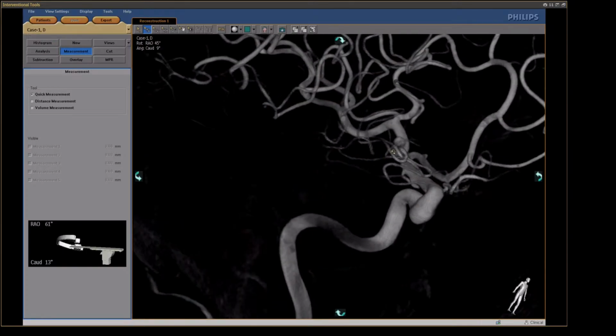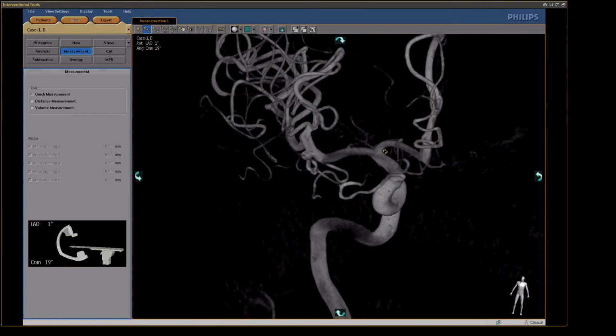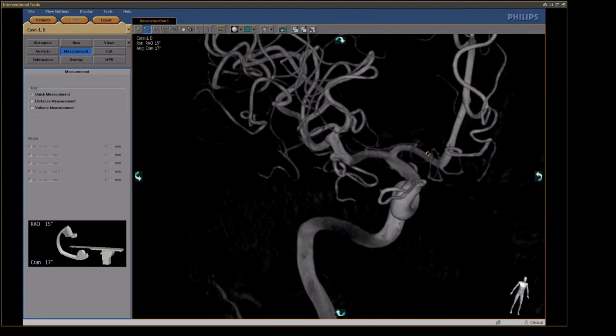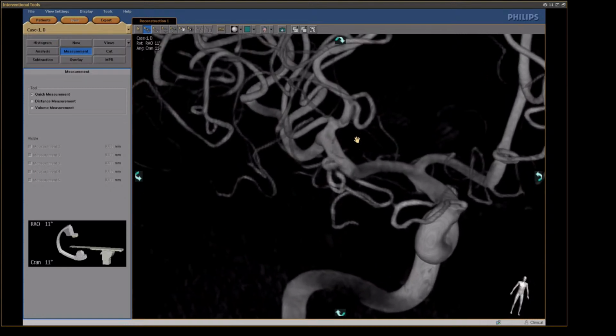That's why I think mostly coiling is better. Yeah? Rowan agrees with me. Okay.